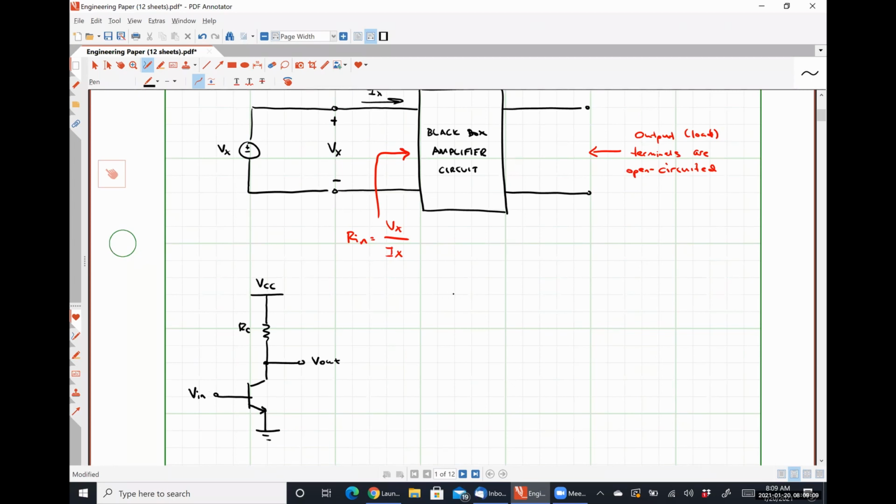Then we have a variation. This guy is a common collector amplifier, also known as an emitter follower.